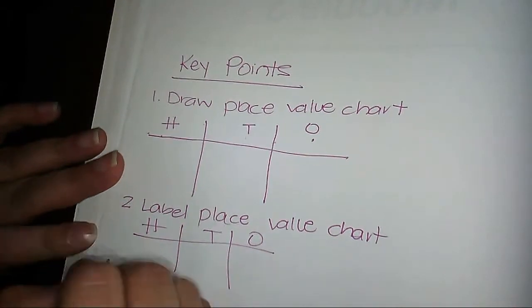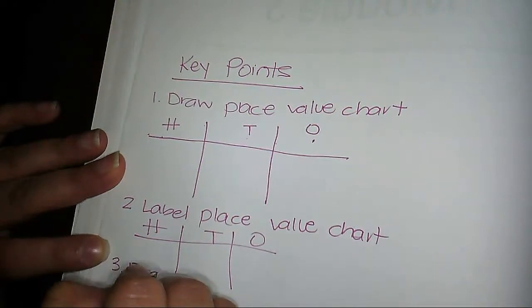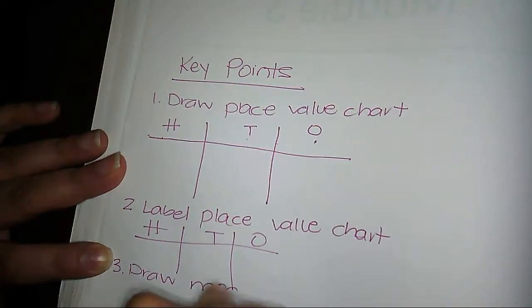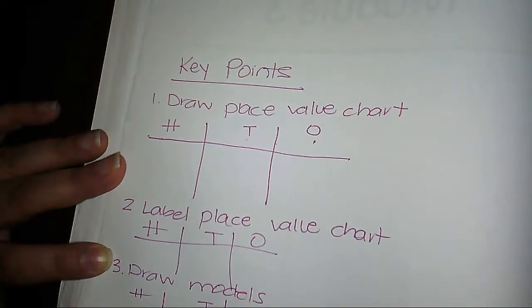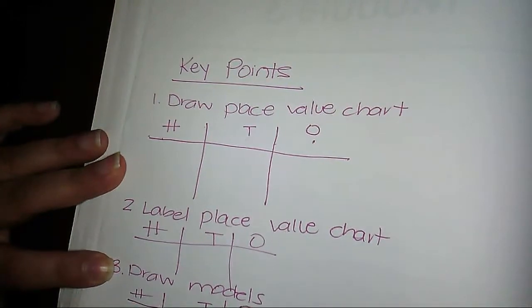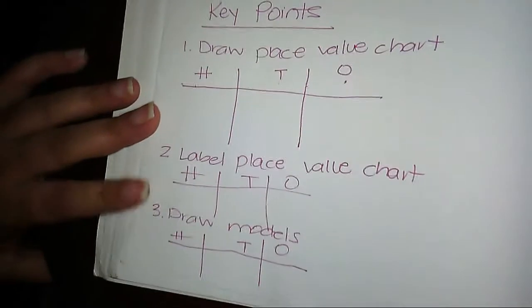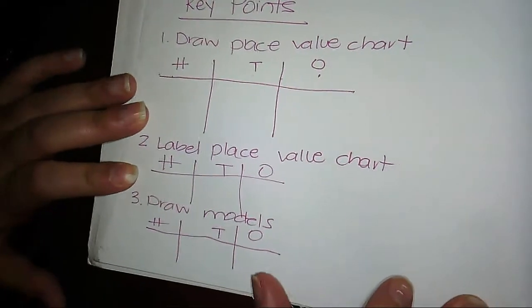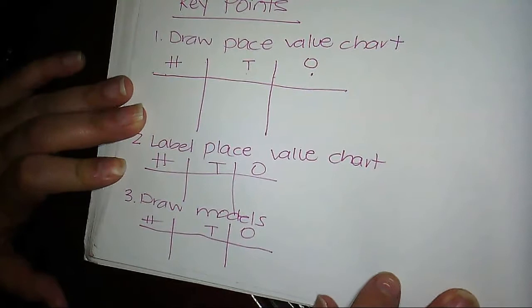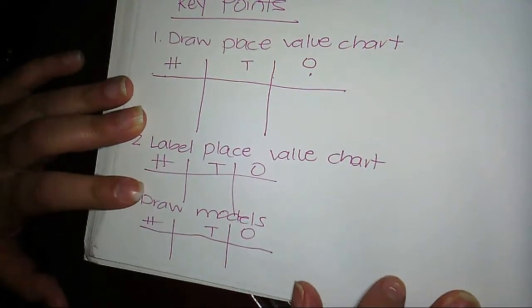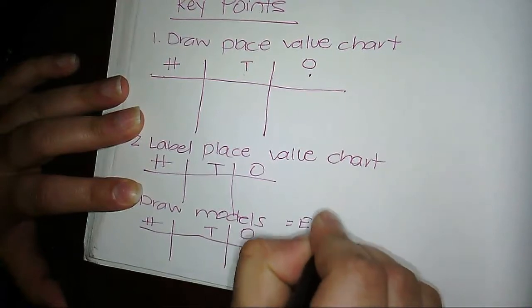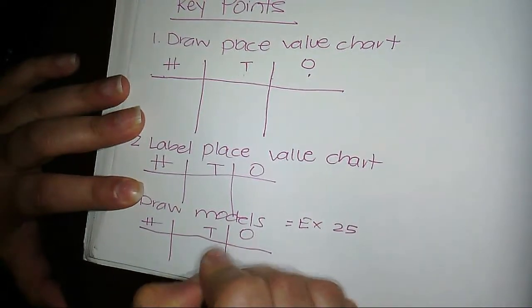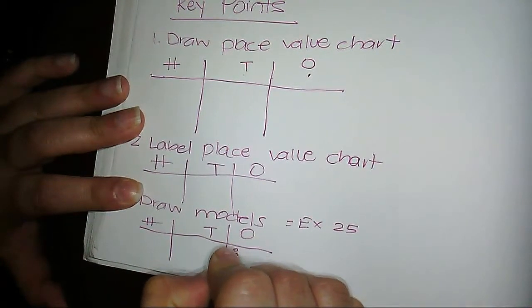And the last step is we draw models. So today I am going to be giving you some numbers, and we're going to draw the model depending on the number that I give you. If I tell you that the number is 25, that means I would draw 5 ones, 1, 2.